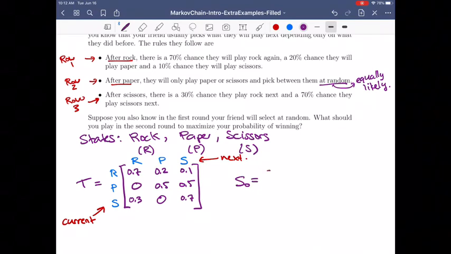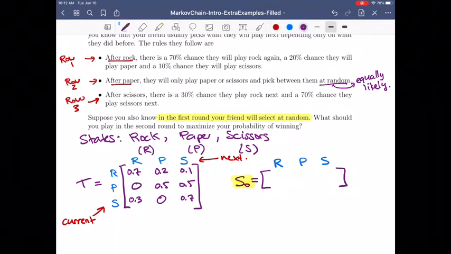They also told us S0. So how did we know this? You know in the first round that they select at random. So S0 is what's happening in the first round.